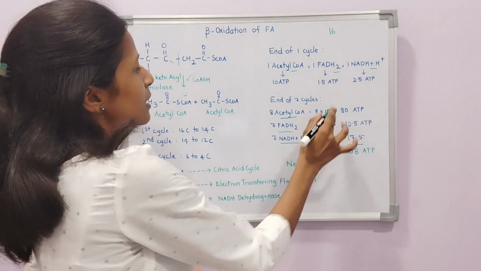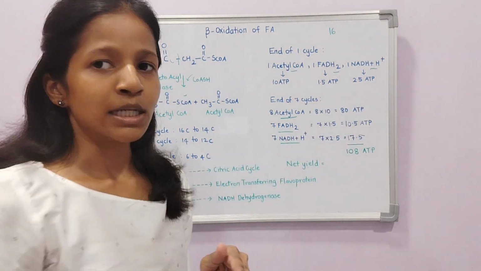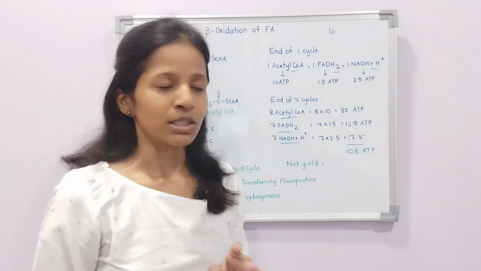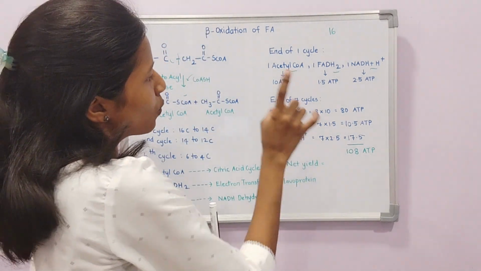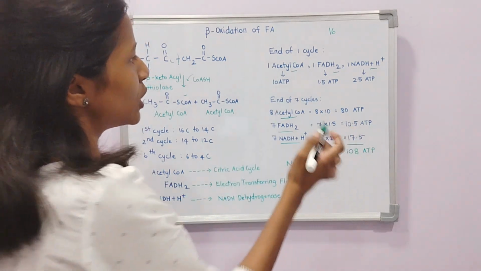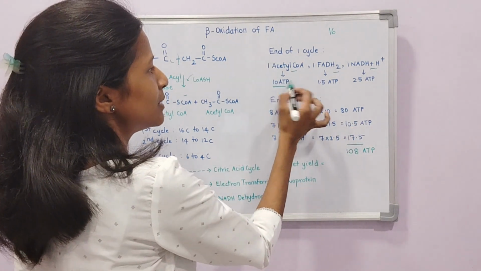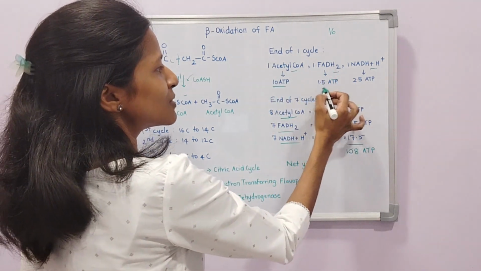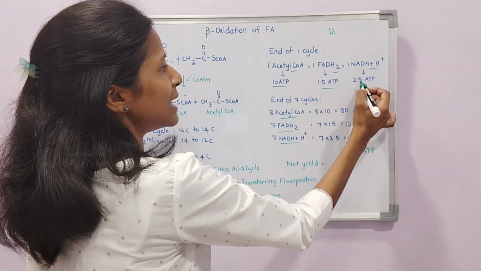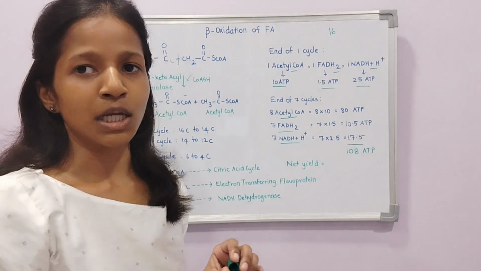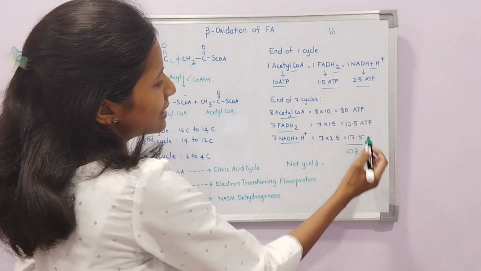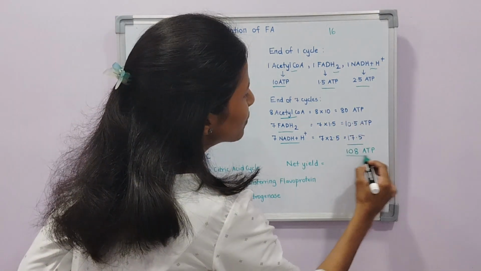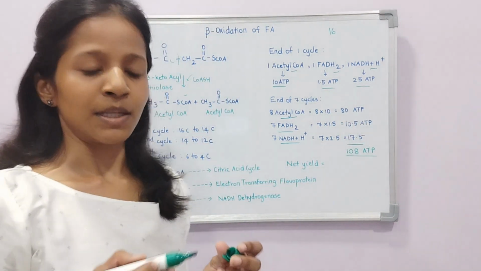Now let's see the total energy yield of beta oxidation. So by the end of 7 cycles, these are formed. One acetyl CoA molecule will give 10 ATP, and one FADH2 gives 1.5 ATP, one NADH will give 2.5 ATP. So if we are adding this up, we are getting a total of 108 ATP.